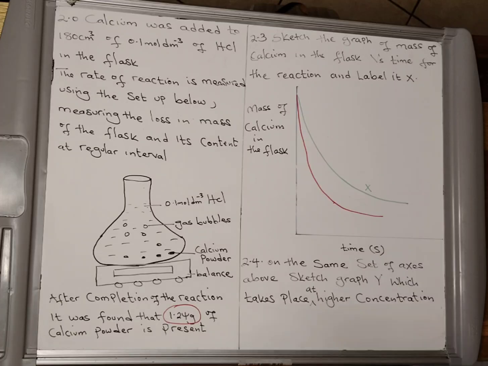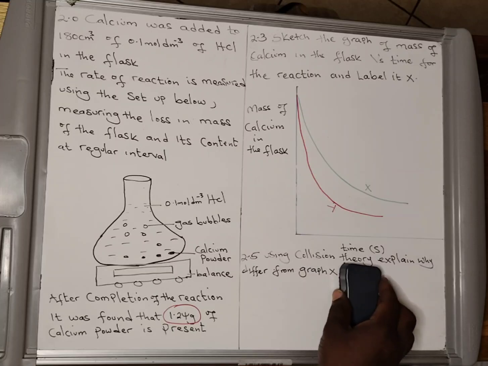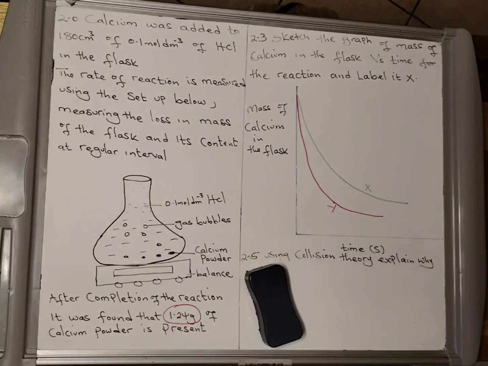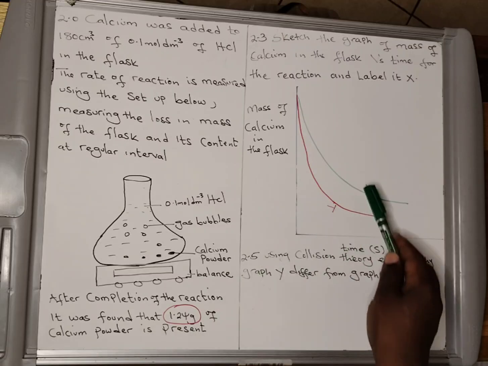Let's look at the next question, 2.5. It says, using collision theory, explain why graph Y differs from graph X. So when you look at the two graphs, the first aspect you consider is what is causing the deviation between the two graphs.